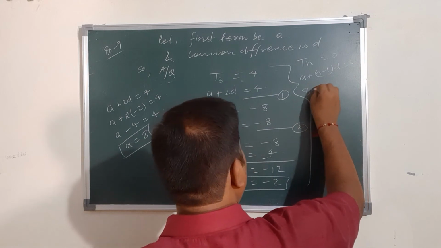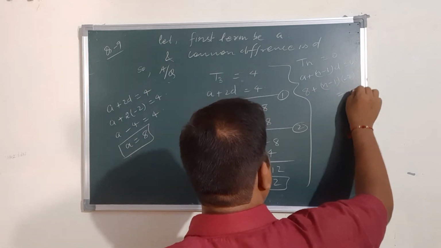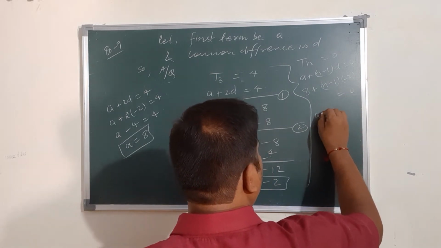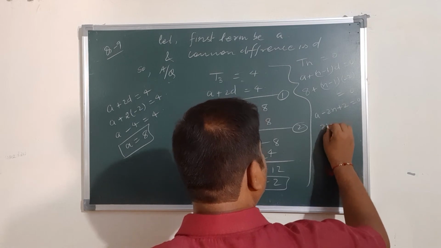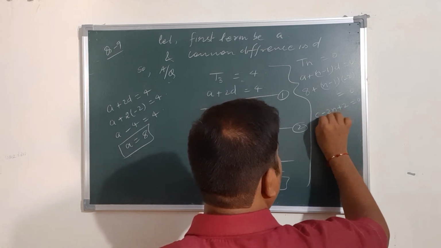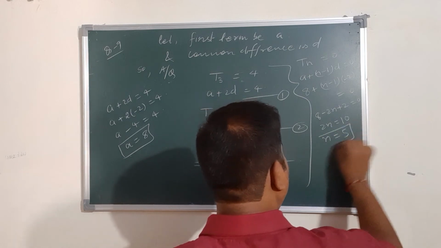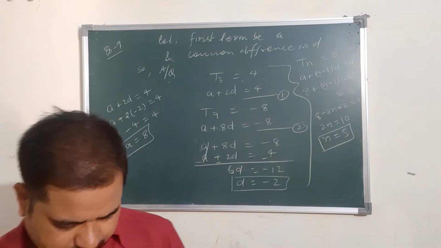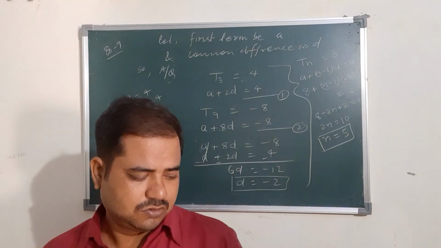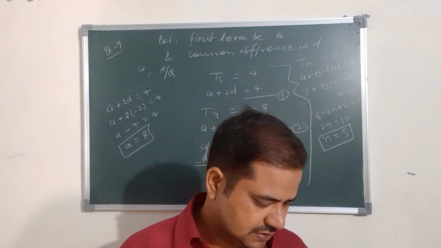A is 8 plus n minus 1 into minus 2 is equal to 0. 8 minus 2n plus 2 is equal to 0. So 2n is equal to 10. So n will be 5. So the fifth term of this AP should be 0. So this is question number 9 and this is completed.